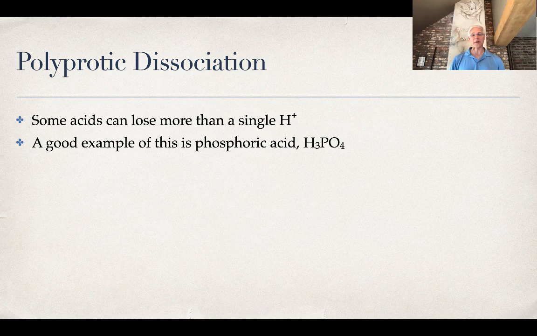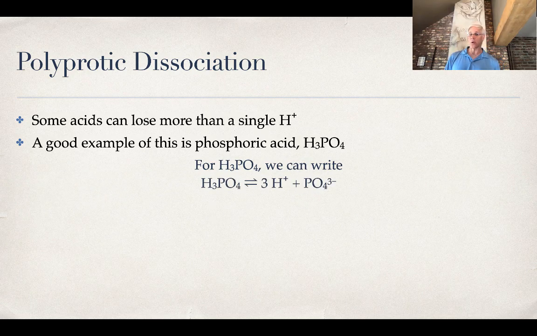So again, phosphoric acid is something that's called triprotic because it has 3 acidic hydrogens, 3 hydrogens that can come off in solution. We can write the reaction a couple of different ways. We can write it this way, where H3PO4 goes to 3H plus and a phosphate ion.